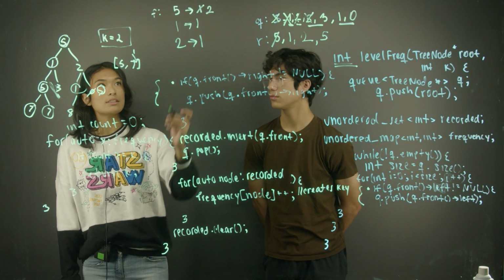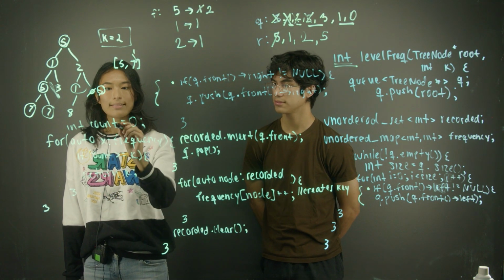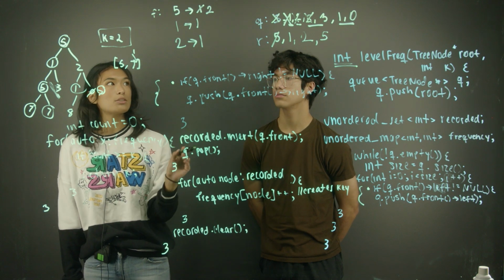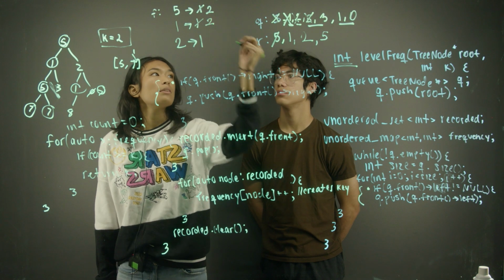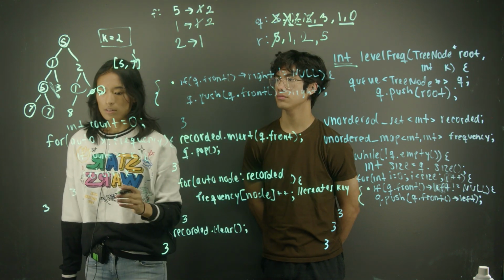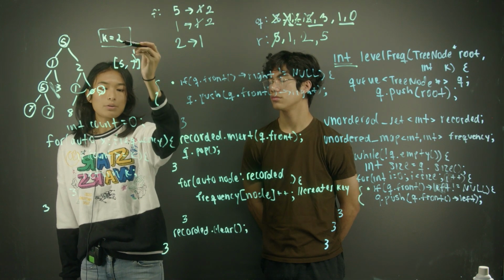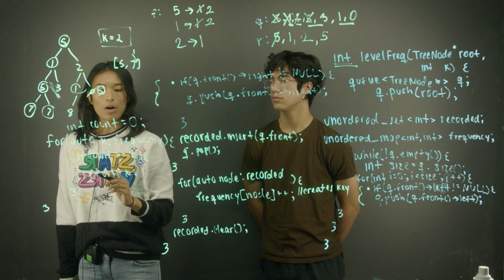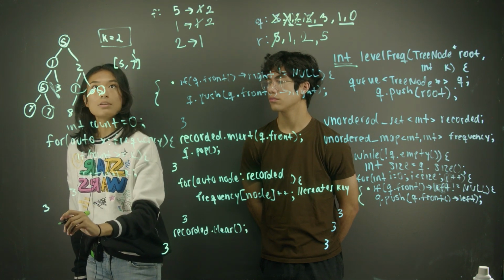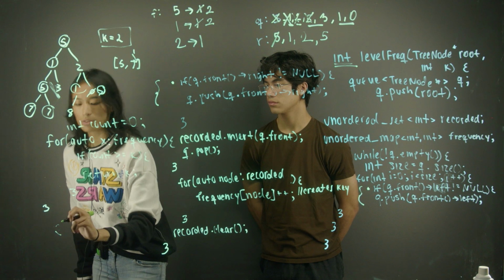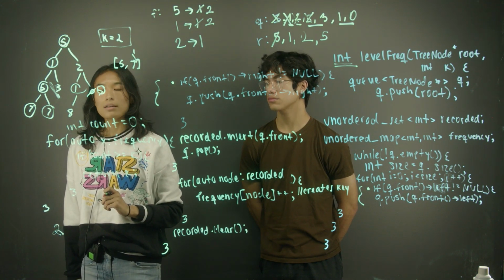So for example, since 5 is 2 and that's greater than k, I'm going to add that to my count. So that's at least 1. But also 1 will end up being 2 as well, because it's over here. So that will also be greater or equal to k. So I'm also going to add that to count, and that will be at least 2. So I'd be returning 2 as the answer, which should be the output, right?